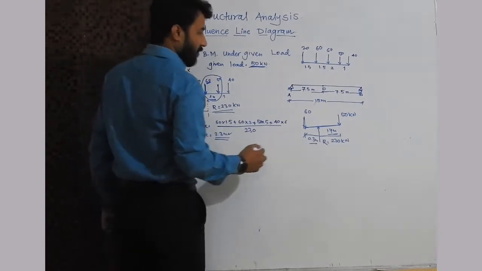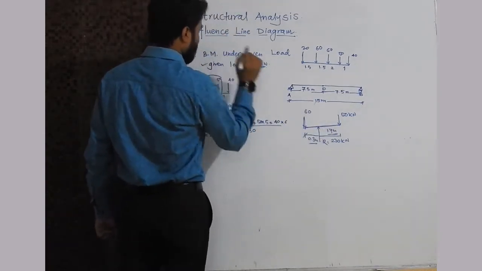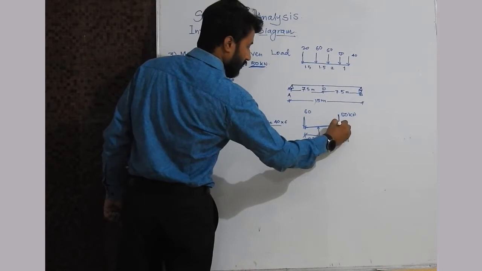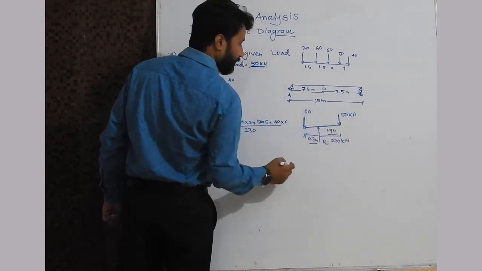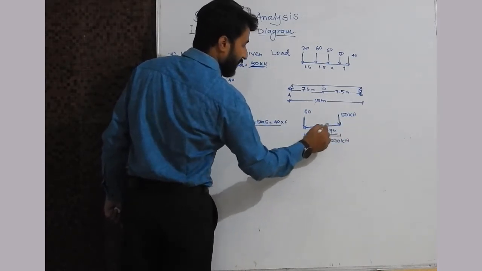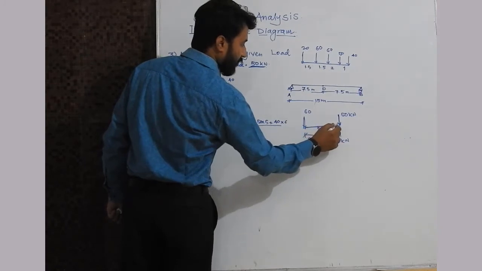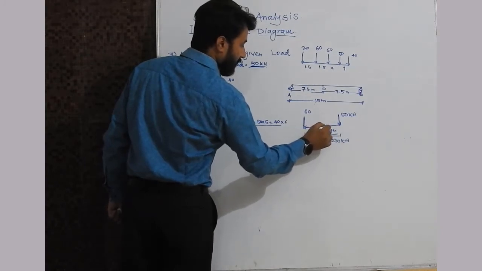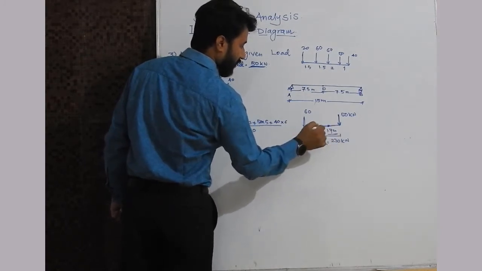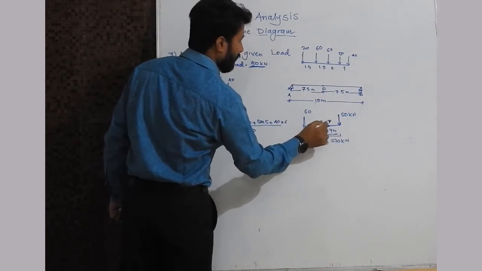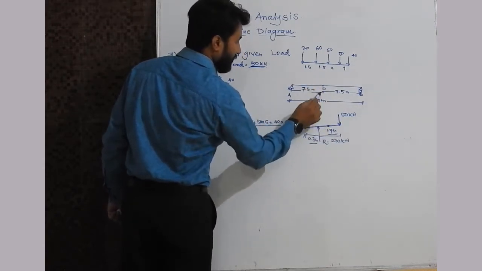Now we have been given the load 50 kilonewton. So we will put the center of this 50 kilonewton load and this resultant exactly at the center of the beam.